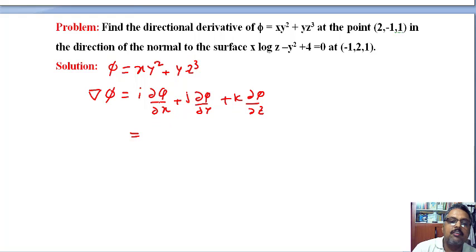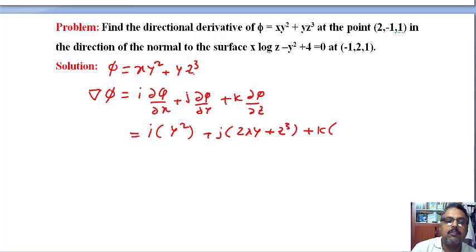Now using partial derivatives with respect to x, y, z: with respect to x, y square; j into, with respect to y, is 2xy plus z cube; plus k into, with respect to z, is 3y z square.